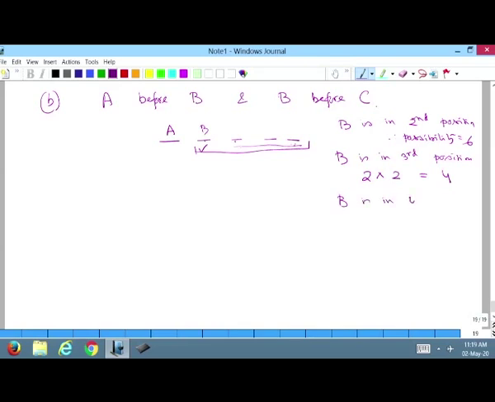If B is in fourth position, C has only one option of coming in the fifth position. Therefore, the remaining 2 can be arranged in 2 ways. Therefore, there are 2 possibilities. This implies 12 possibilities.